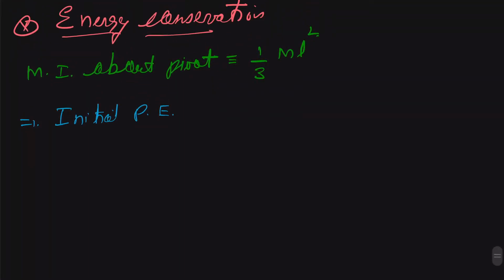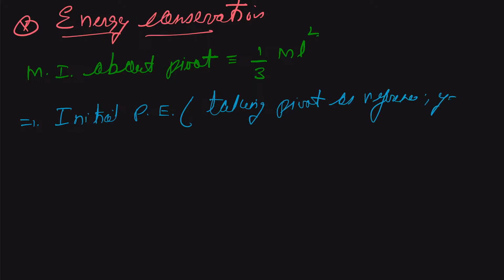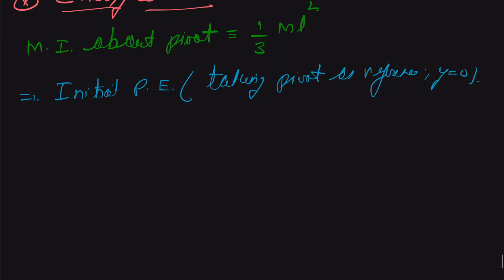Taking the pivot as reference, y is equal to 0. Therefore U of I will be equal to mg L by 2 times cos of theta, where theta is 60 degrees.